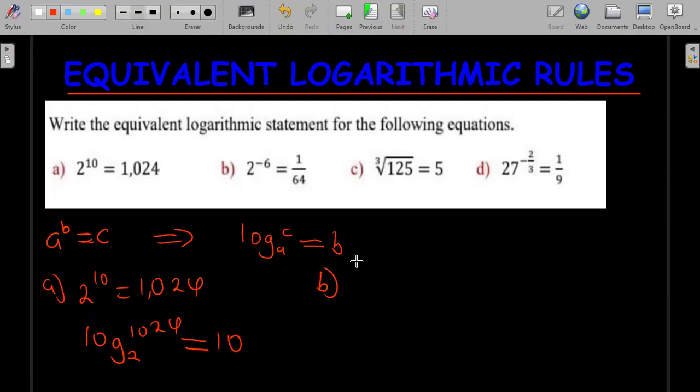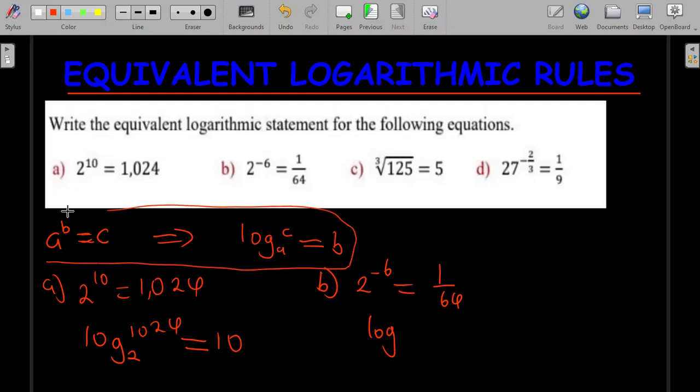So part B, we are having 2 to the power negative 6 is equal to 1 over 64. So if we are to write a logarithmic expression in that case, it's going to look like this. So you get our log the same way. So this is the statement that you need to follow here. Immediately when you know this, all is well.